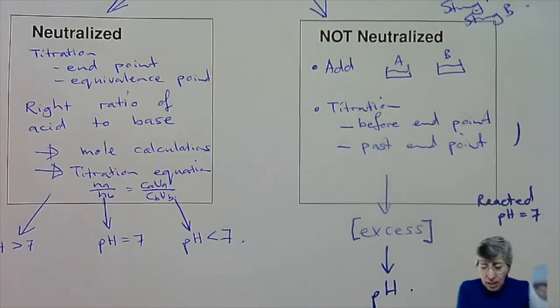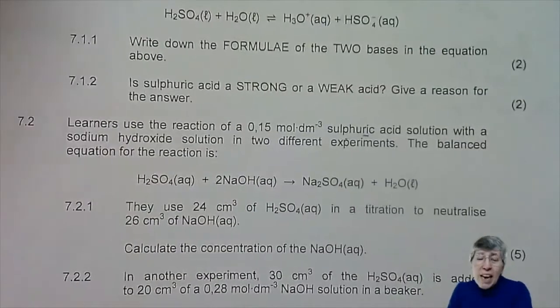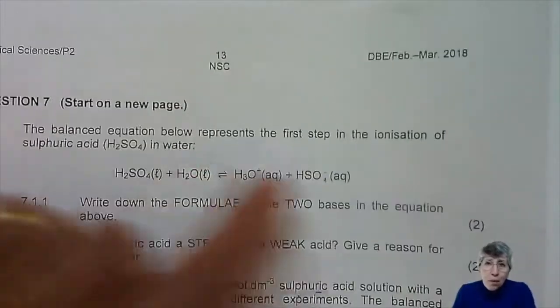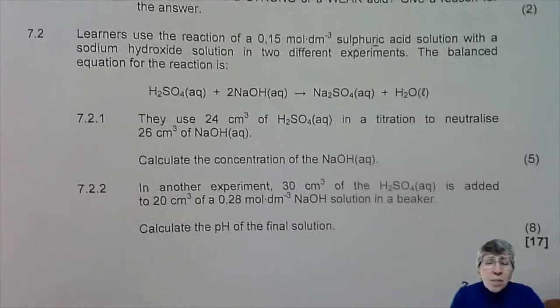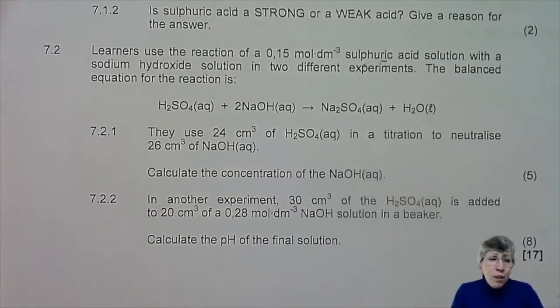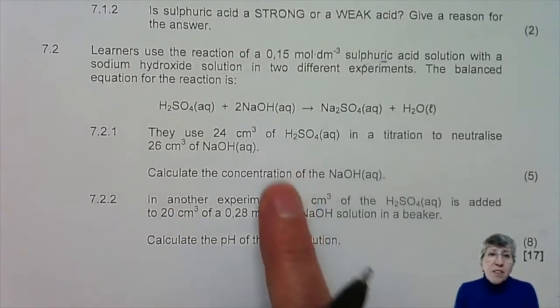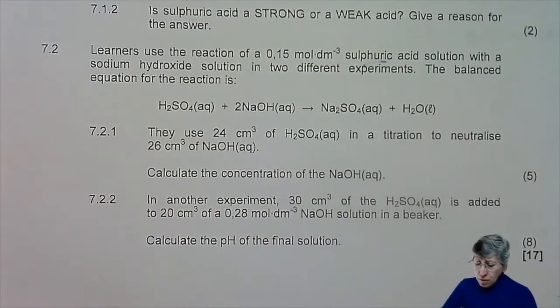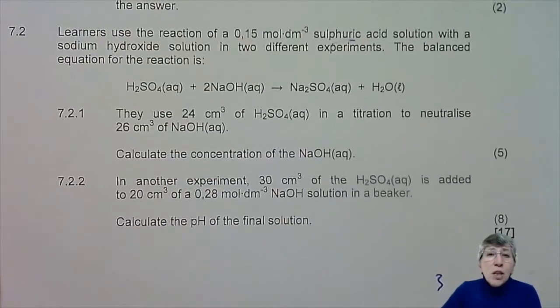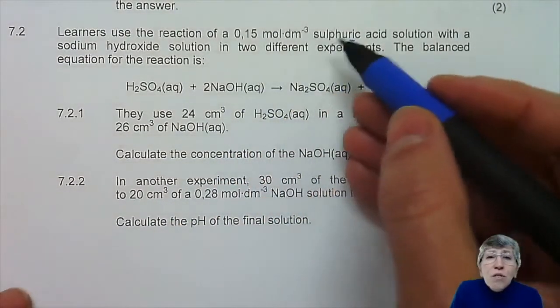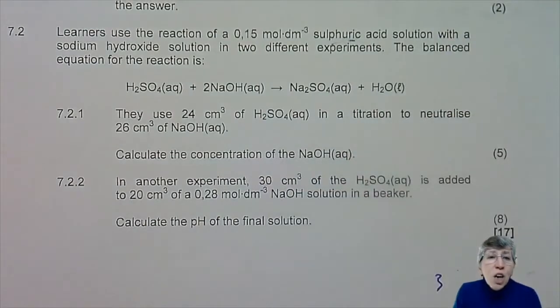Now let's look at the 2018 supplementary paper, right? Supplementary paper 2018. When I look at this, I am going to focus now on 7.2. Right, now 7.2, let's look at that first one. The learners use a concentration of sulfuric acid solution with a sodium hydroxide solution in two different experiments.